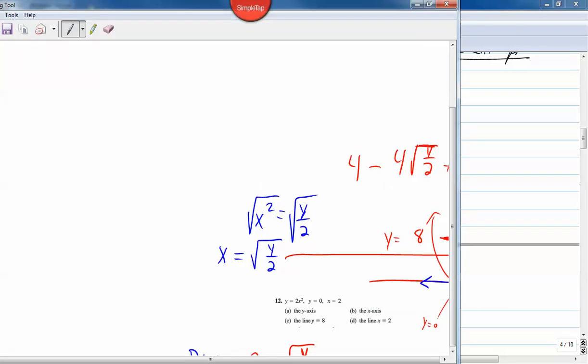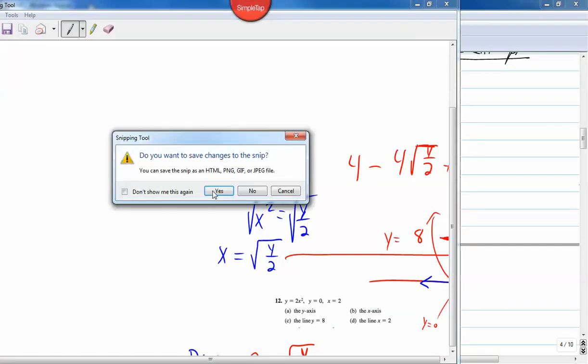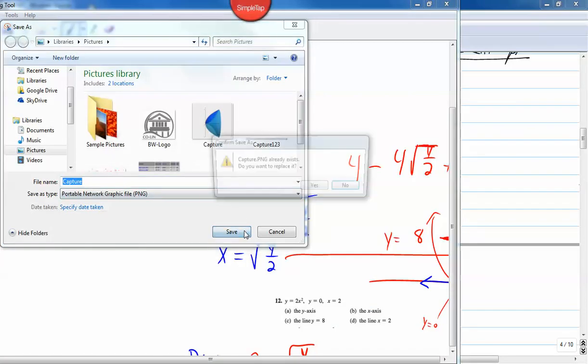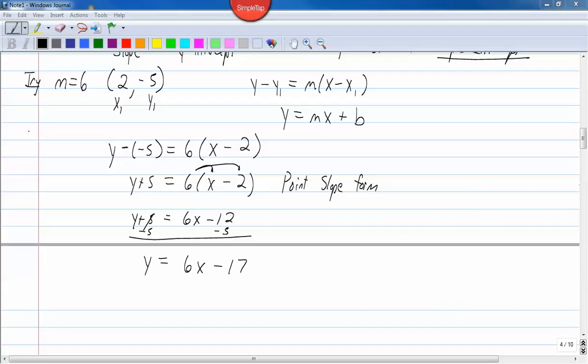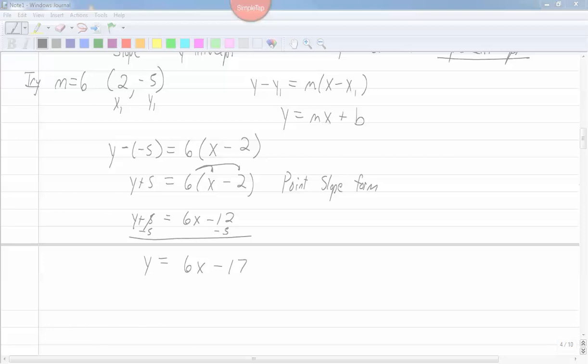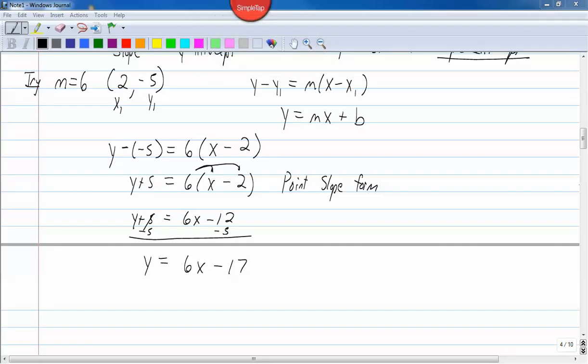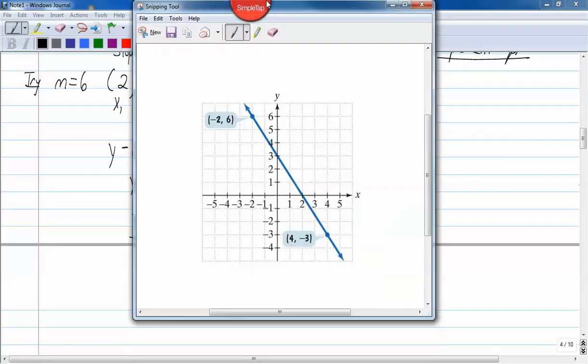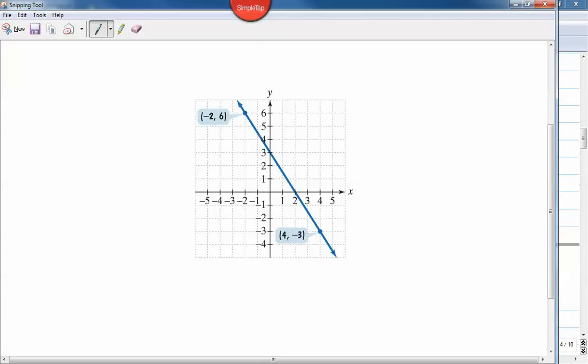Now, what if I was given this graph here, and I wanted to write the equation in point slope and slope intercept form?